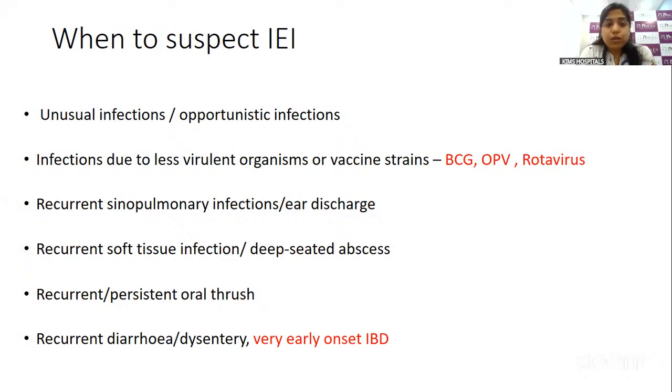And of course we know the recurrent sinopulmonary infections, recurrent ear discharges, recurrent deep-seated abscesses. Apart from that, if the child is having recurrent diarrhea or features of very early onset IBD, in those cases also we should suspect inborn errors of immunity.